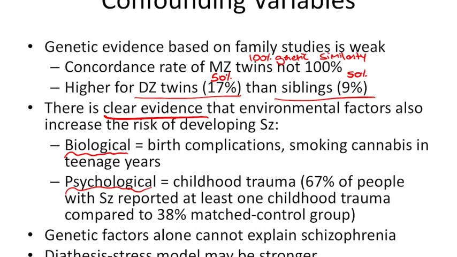So this does suggest that environmental factors are also really important in determining susceptibility to schizophrenia. Genetic factors alone may not be able to explain schizophrenia sufficiently. So we maybe perhaps need to turn to the interactionist explanations and a diathesis stress model.